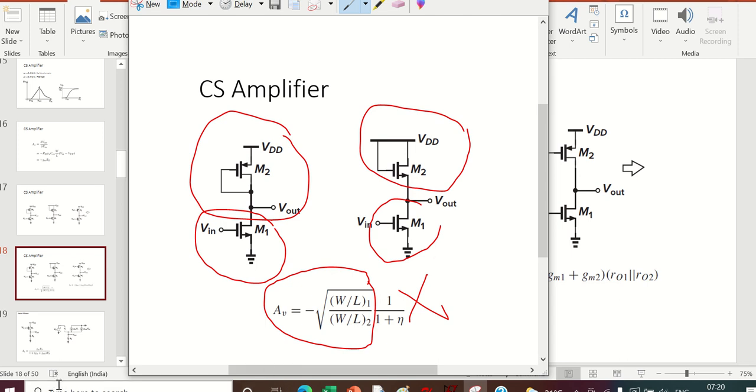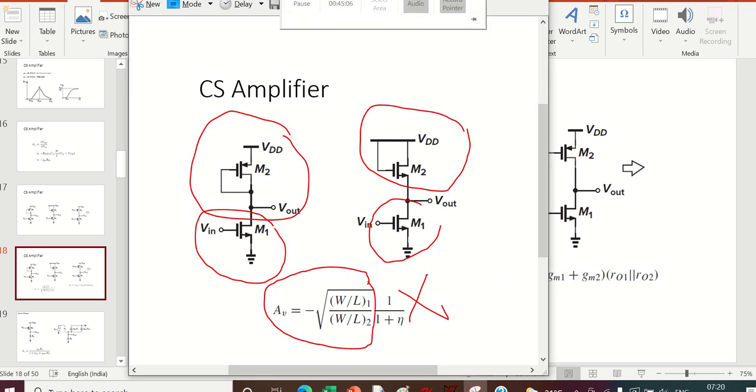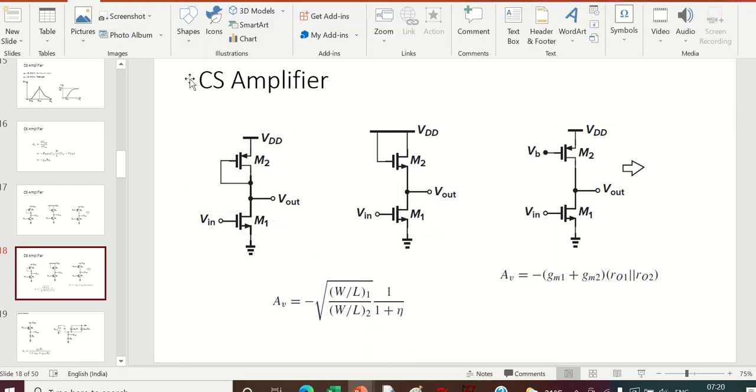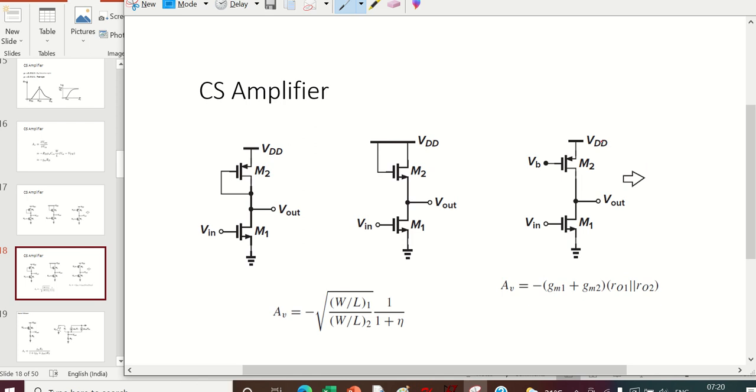So you guys can refer to some of the videos which I have done, and try to implement these three things. How to start, I will show you. You should know that this particular transistor has this formula.